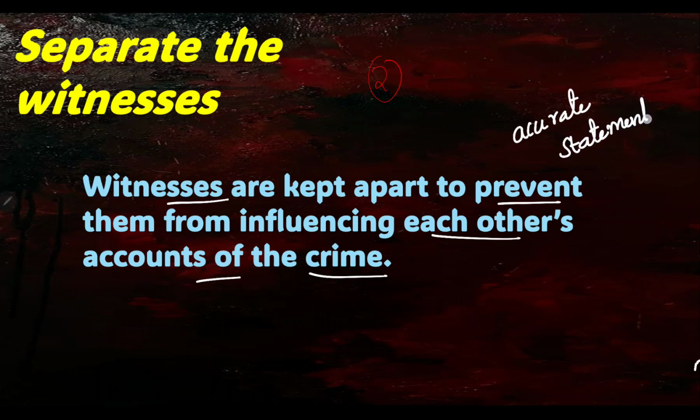There are cases where the witnesses are truthful, but just because of fear or someone's influence, they will try to change their statements. So that's why we first separate the witnesses, to prevent them from influencing each other's accounts of the crime.